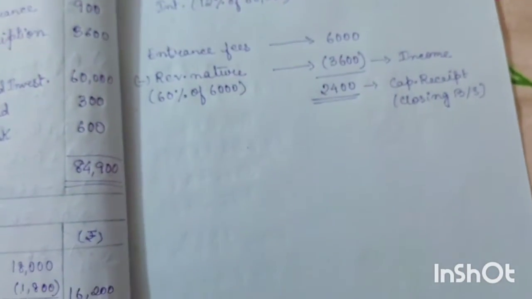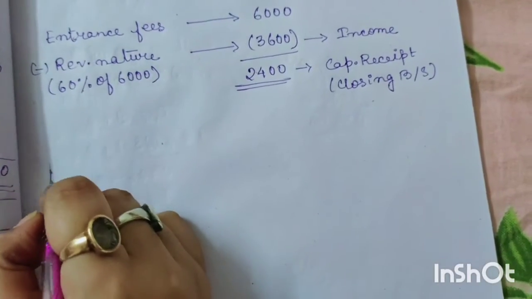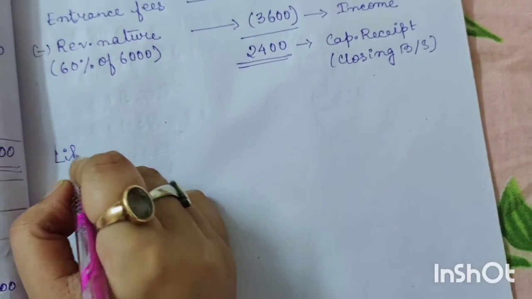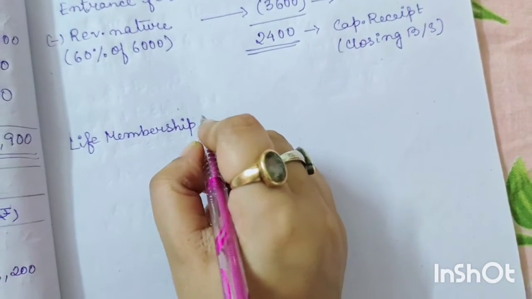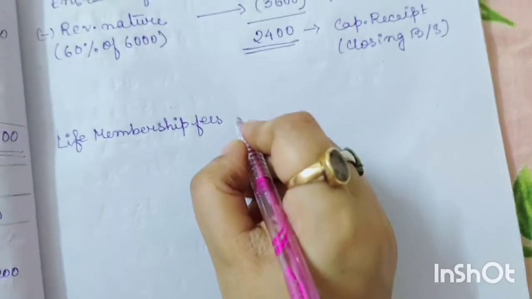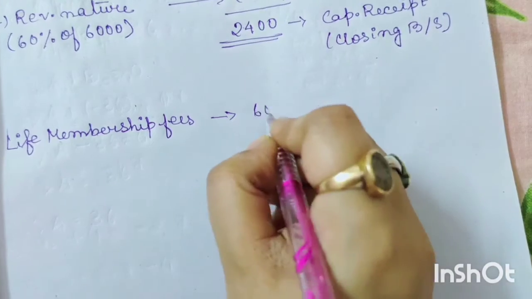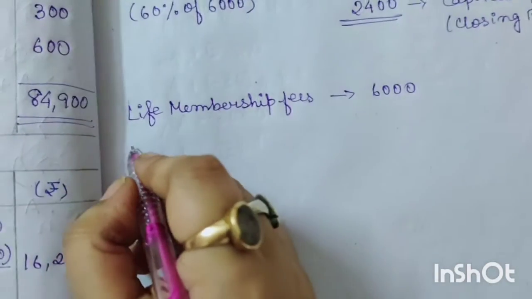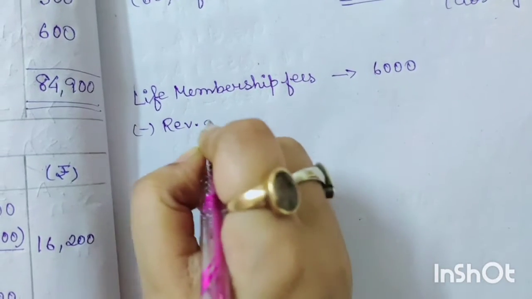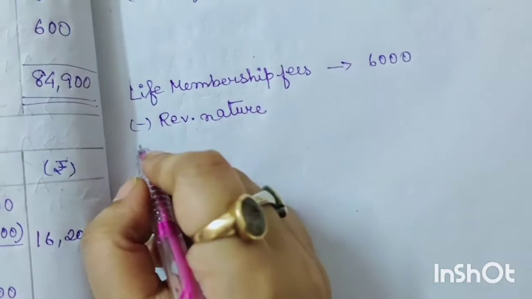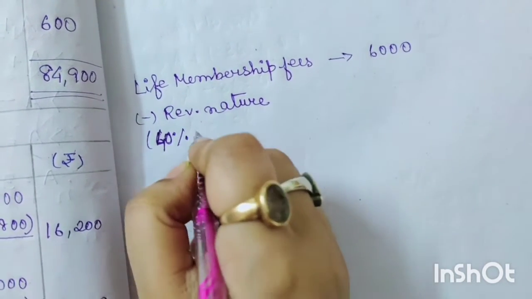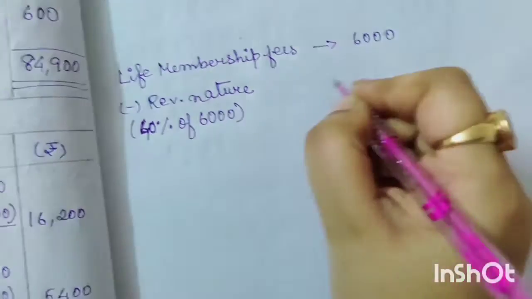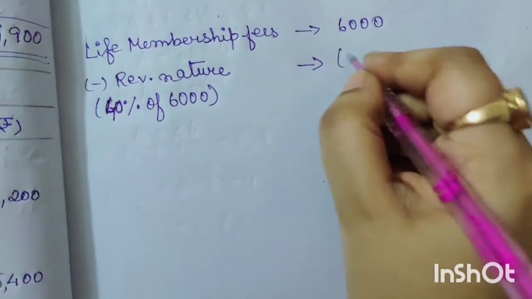So first let's do the calculation again. Life membership fees, the value of life membership fees is 6,000, less revenue nature 40%, sorry, not 60%, 40% of 6,000, which will be 2,400.